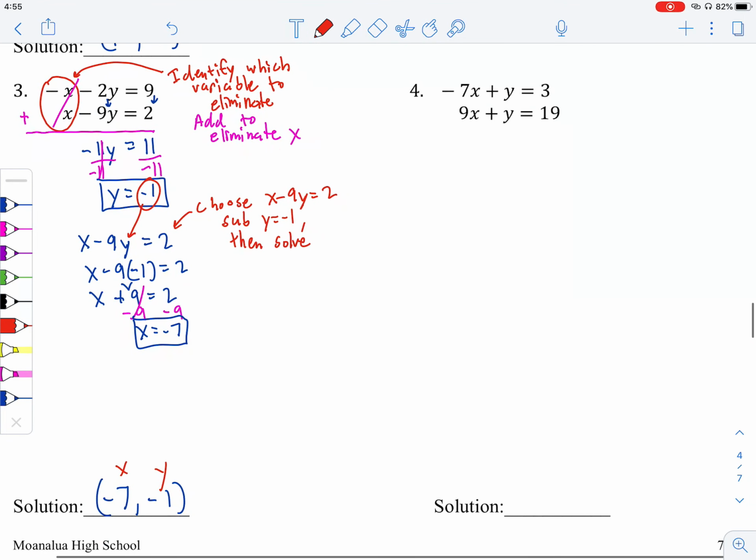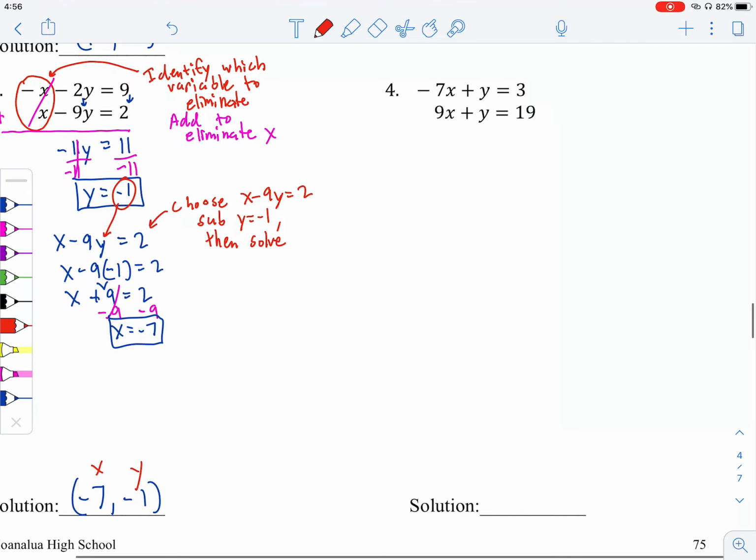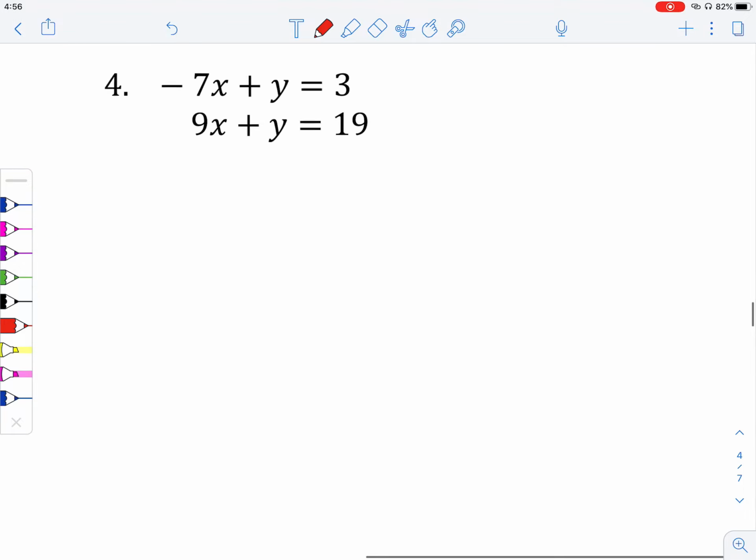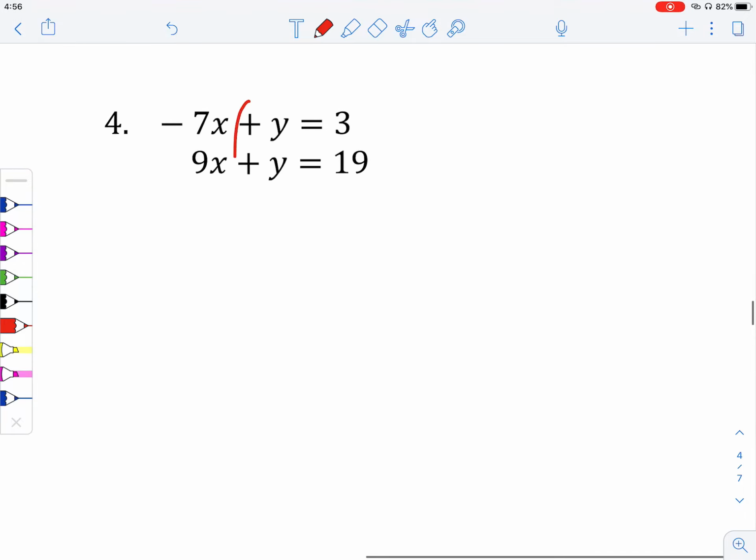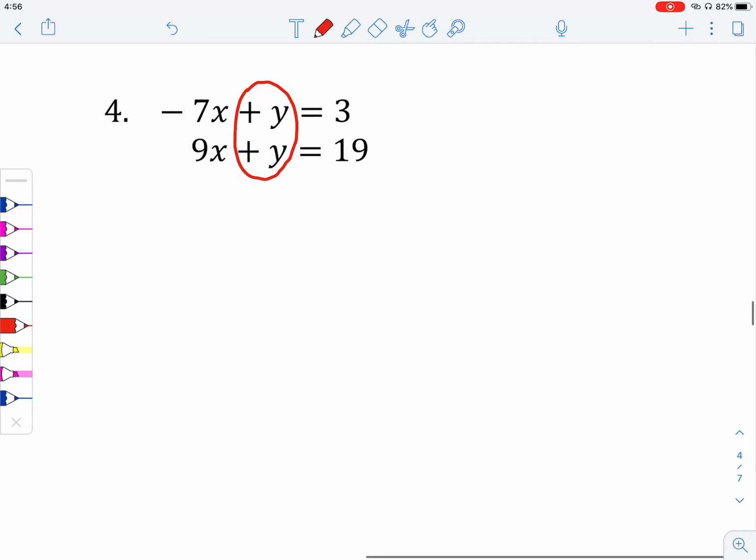Okay, let's look at number 4. So we're going to identify which variable to eliminate for this one. So let's do the y's, because you have -7x and 9x, they don't match, right? We can't just add them. Let's keep it easy. So we're going to eliminate these y's here. But they're both positive. We want one of them to be negative.